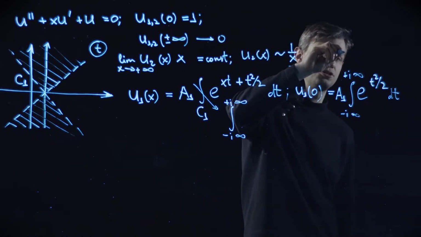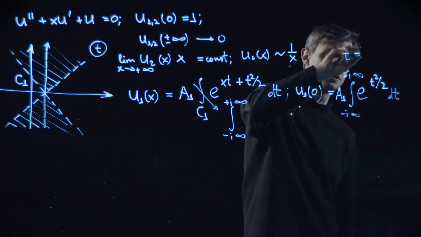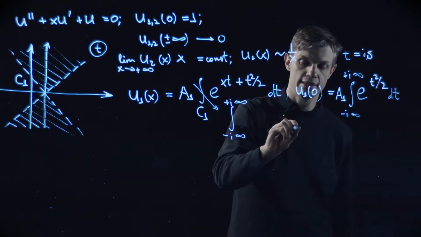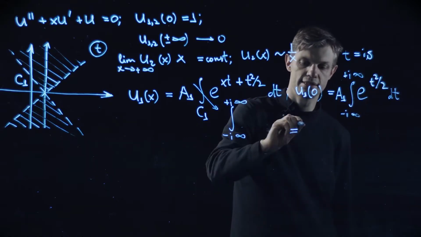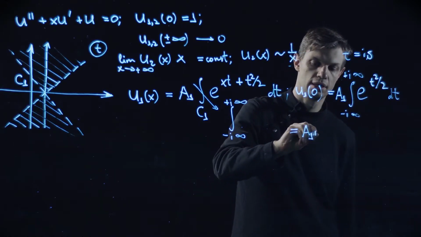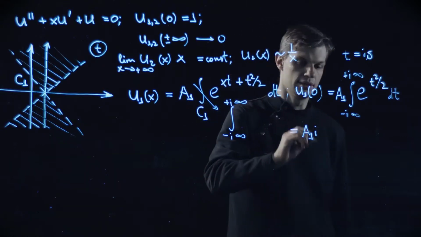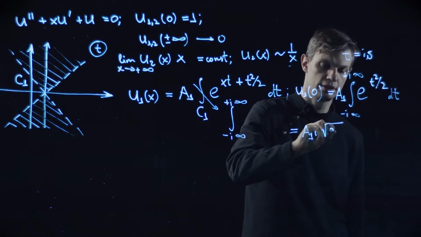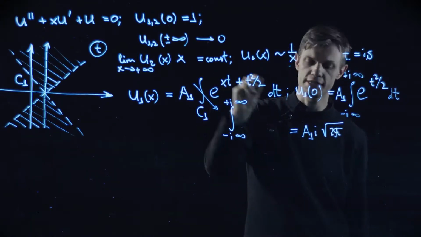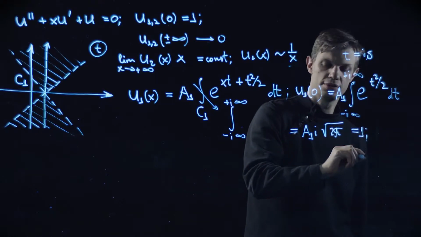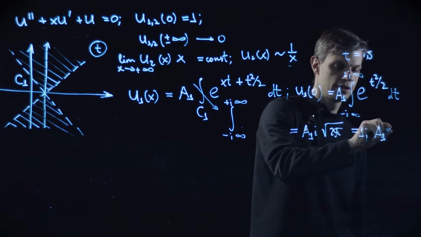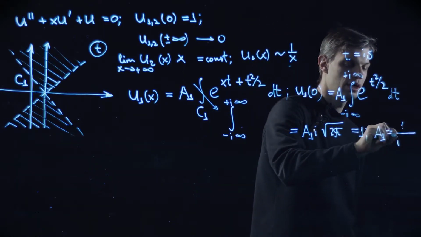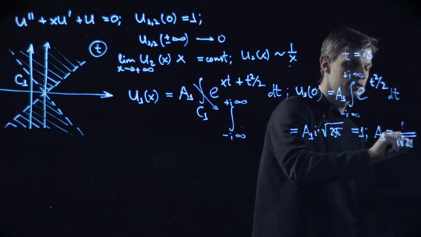It can be taken by a trivial change t equals i s, so dt is i ds. The answer is a1 times i times the square root of 2 pi, and it is equal to 1. So the constant is fixed: a1 is 1 over i square root of 2 pi.